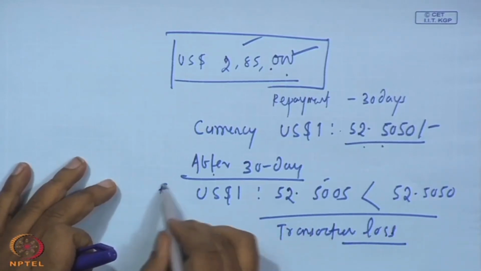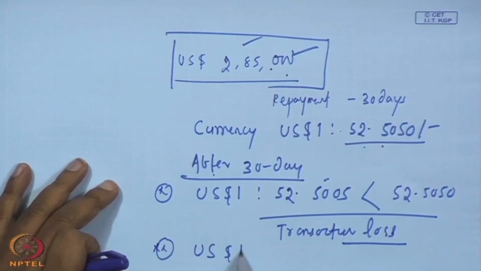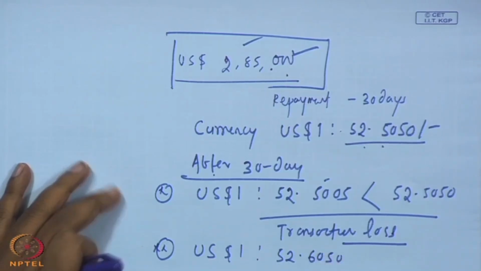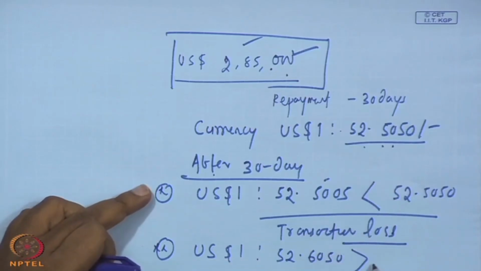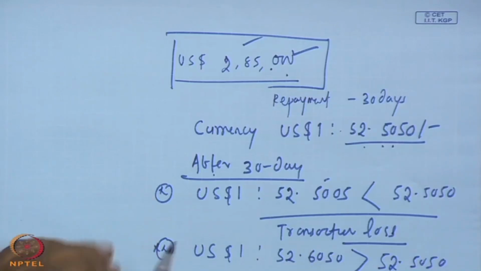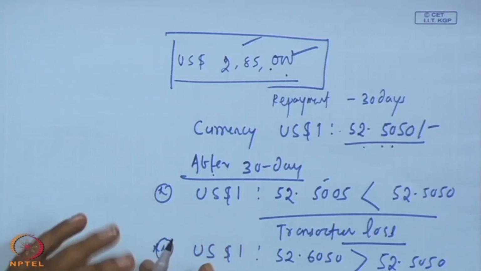Suppose in scenario 2 the US dollar is quoted at 52.6050. This is more than 52.5050, so it will create a transaction profit for the exporter, but the exporter cannot know whether he will be in loss or in profit.